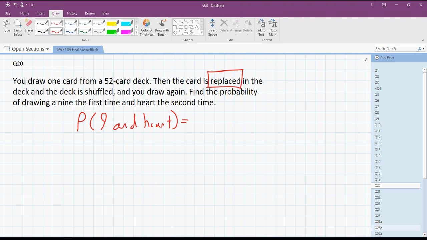And the word I boxed in is the key in this. I'm going to put that card back. So when I draw the first time, how many cards will I have? There are 52, right? When I replace it, and I draw the second time, how many cards do I have? 52. It's still the same, right? So I did not affect the second outcome. So these are independent of each other.